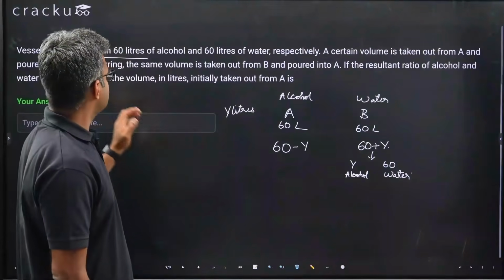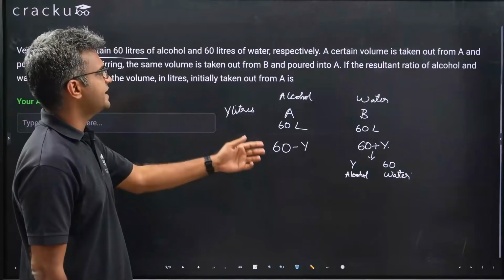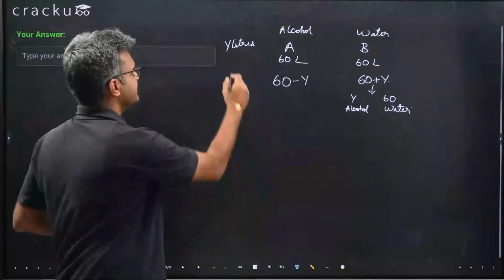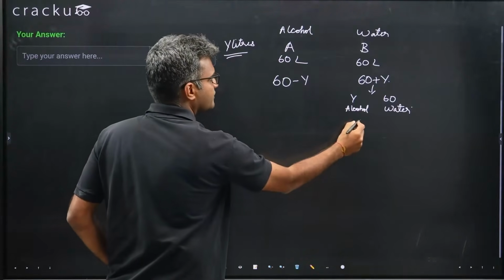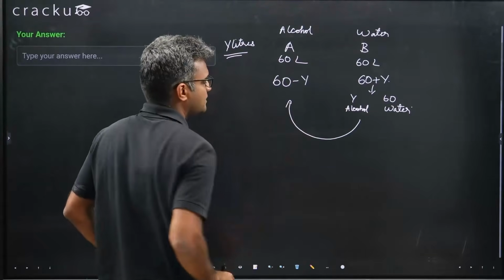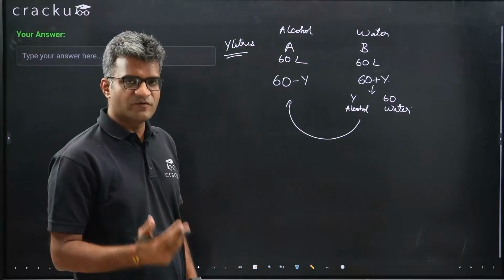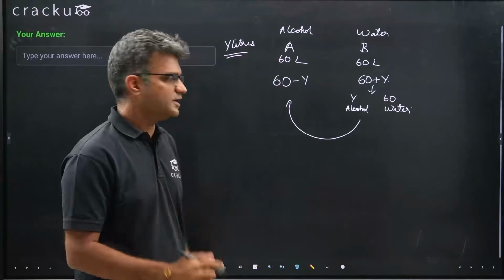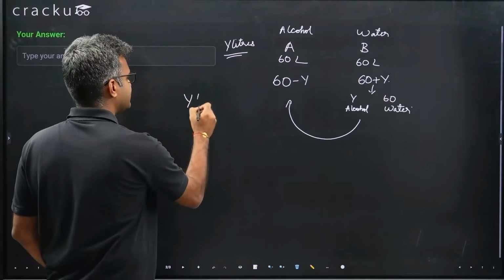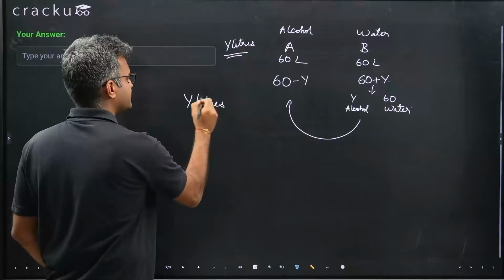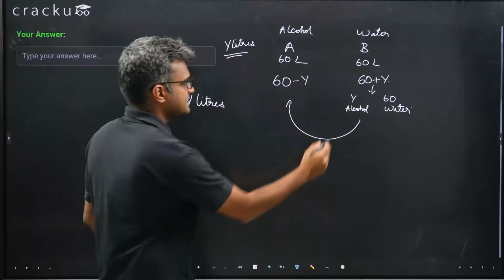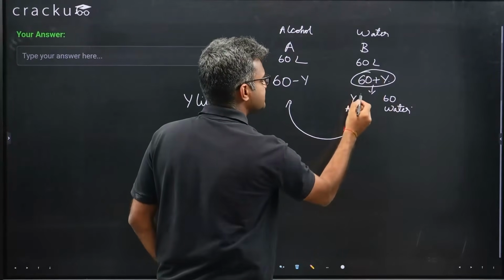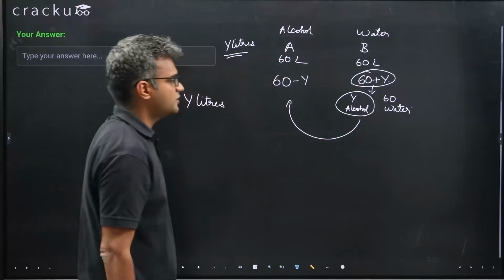Then we are told that the same volume is taken out of B and poured into A. Y liters are taken out and poured from B to A. Now, because some water has been mixed, we need to calculate the exact amount of alcohol in this second Y liters that is being poured from B to A. The 60 plus Y total solution consists of Y liters of alcohol.